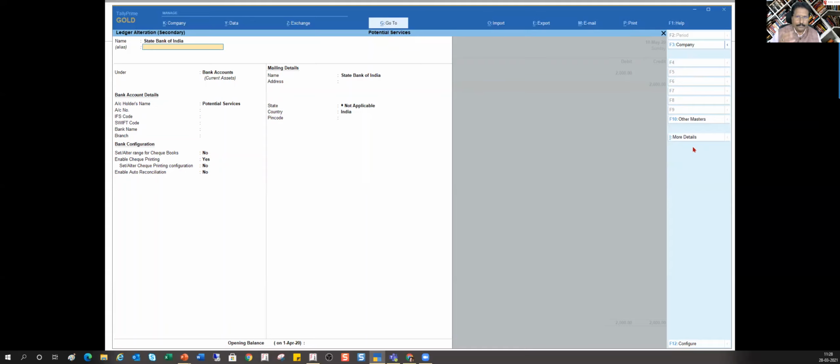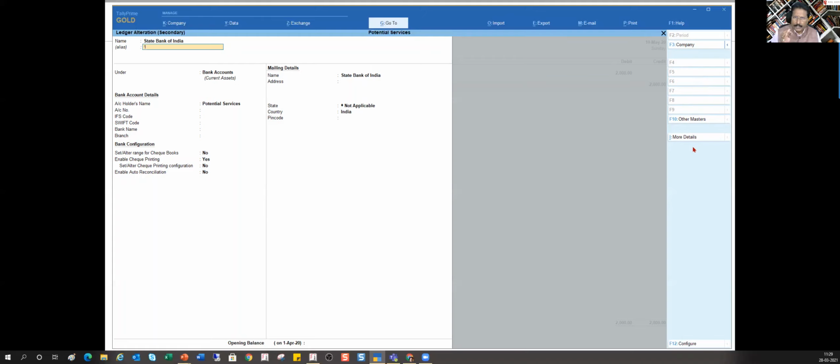Basically, in my company, majority of the time, whenever I'm going to make a payment, I'm going to make a payment through bank only. Very rarely I'm going to make a cash payment. So instead of every time typing State Bank of India or STAT and then selecting, I'm going to give an alias for the State Bank of India as one.